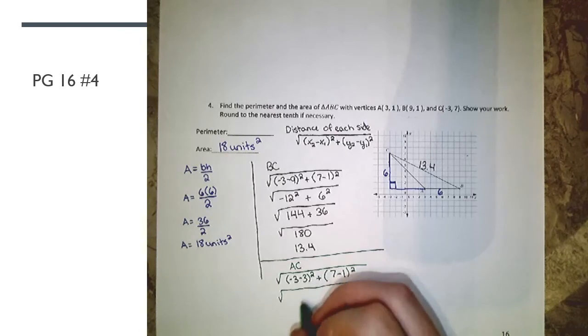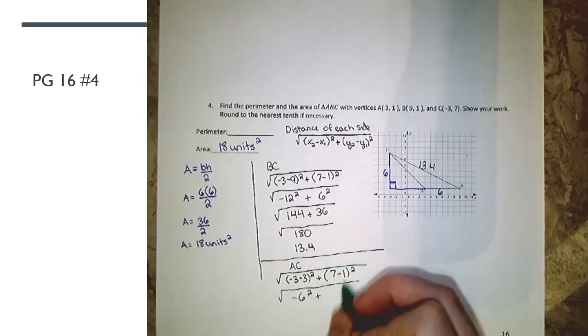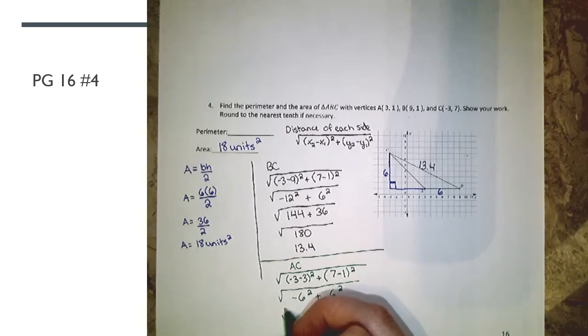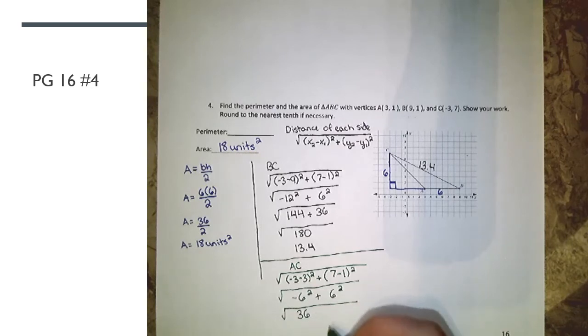Do what's in the parentheses now, and I get negative 3 minus 3 is negative 6, squared, plus 7 minus 1 is 6, that's also squared. 6 squared is 36. 6 squared is 36. So now 36 plus 36 gives me 72.